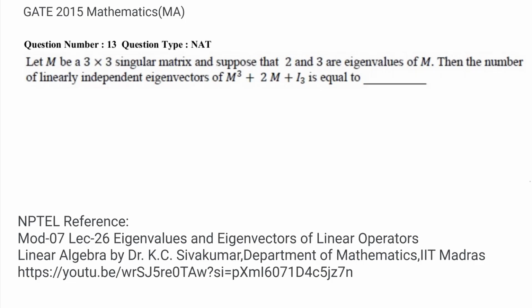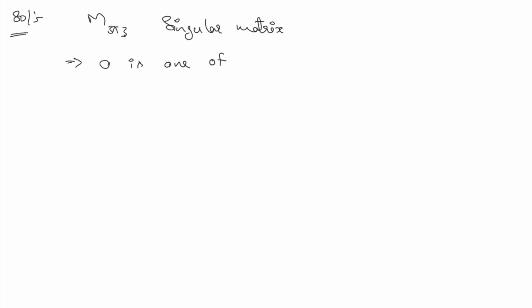So now coming to the solution. It is given that M is of order 3x3 and it is a singular matrix. That implies 0 is one of its eigenvalues.